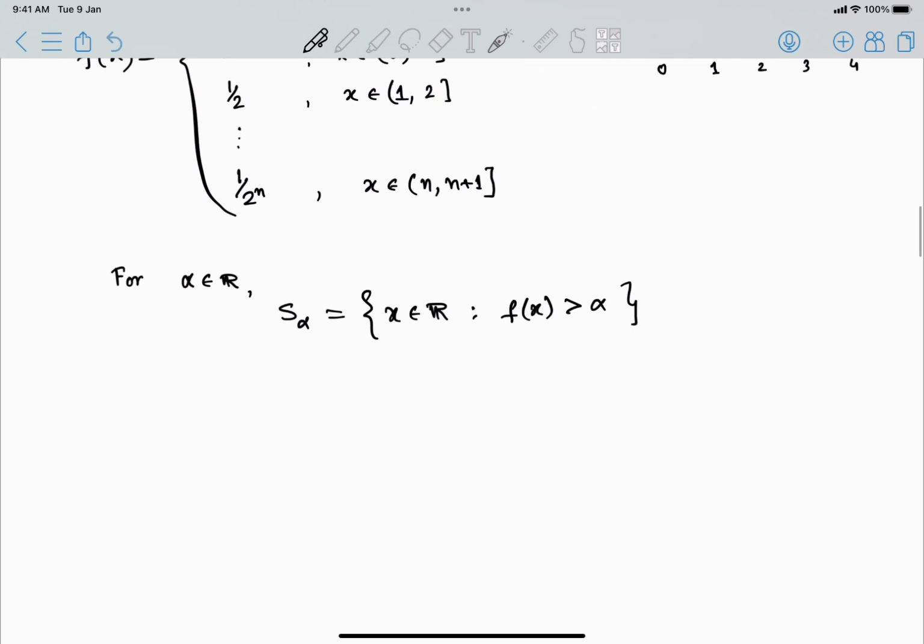So first, part a, we are doing S half. What is S half? All such x in R such that f(x) is bigger than half.